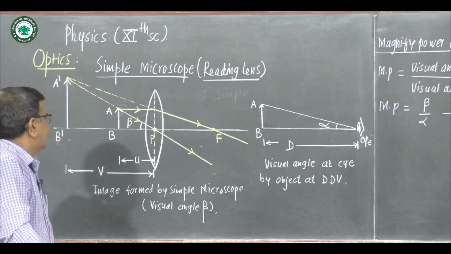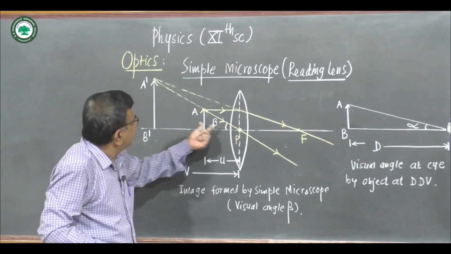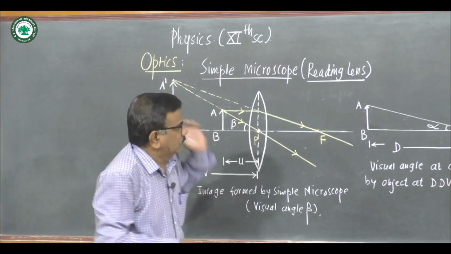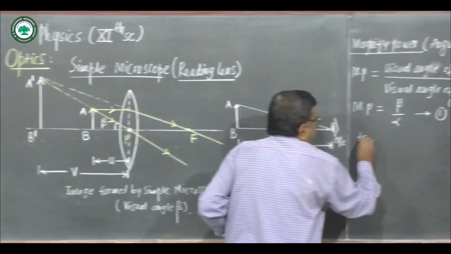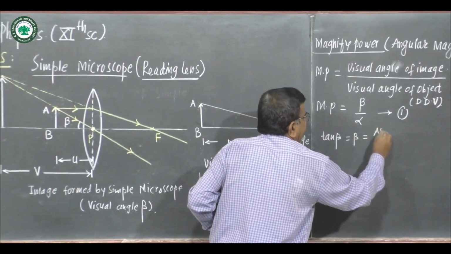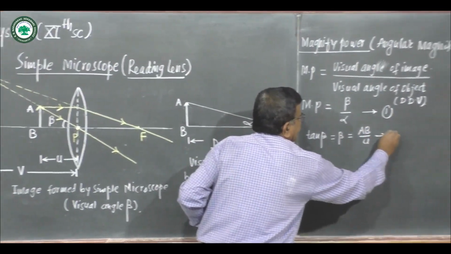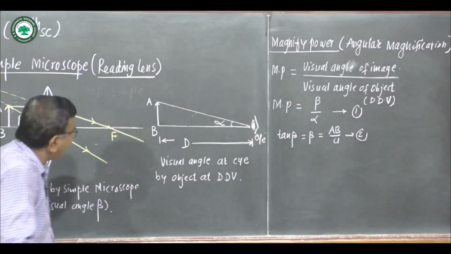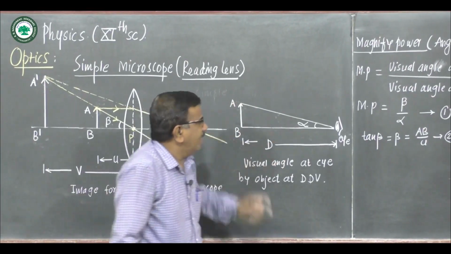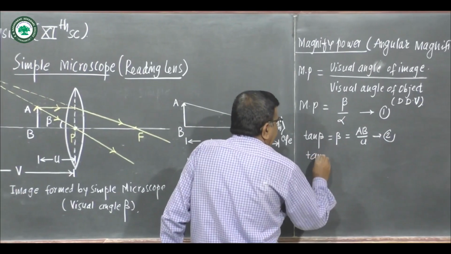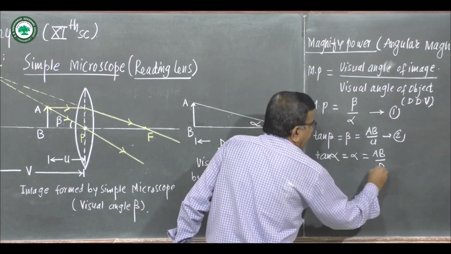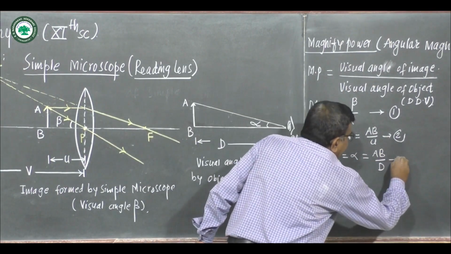For small angles, tan beta is nearly equal to beta, and it is AB upon U, that is the object distance. Similarly, tan alpha is nearly equal to alpha, and it is AB upon D. Suppose this is equation 3.